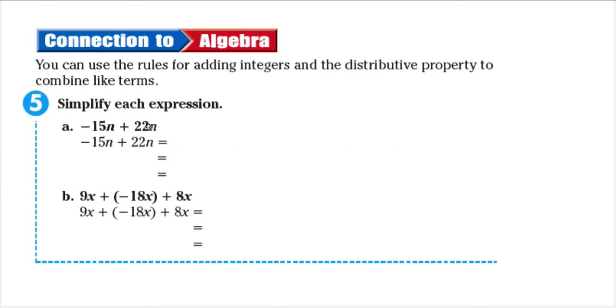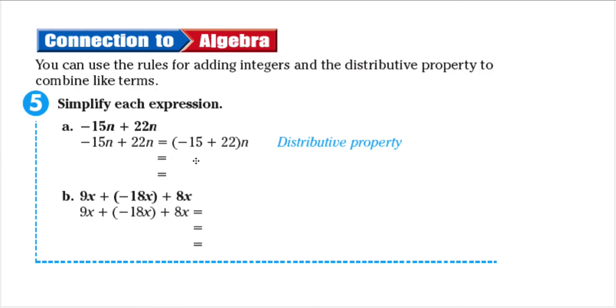Example number 5, last one. You can use the rules for adding integers and the distributive property to combine like terms. Simplify letter A, negative 15n plus 22n. Using the distributive property, we can put negative 15 plus 22 in parentheses, then multiply it by n.